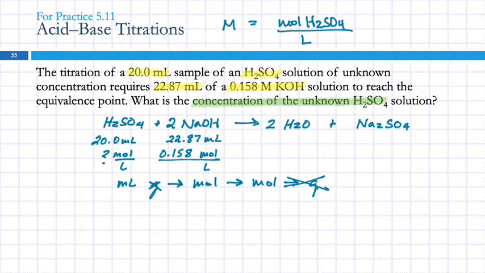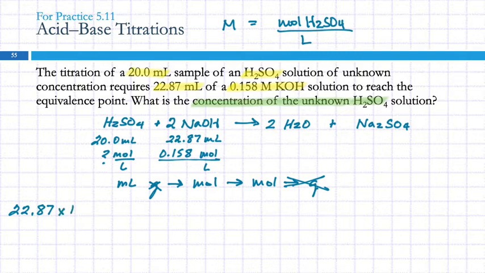So the volume of sodium hydroxide is 22.87. That's milliliters, and the molarity is going to be liters. So one shortcut we can take is, instead of writing milli, write what milli stands for.